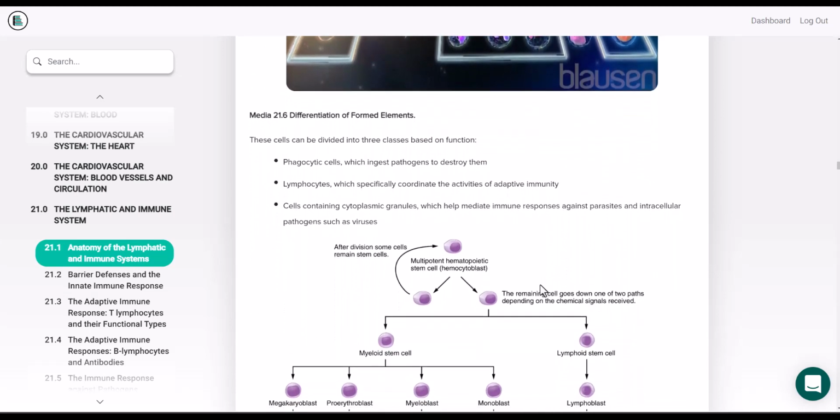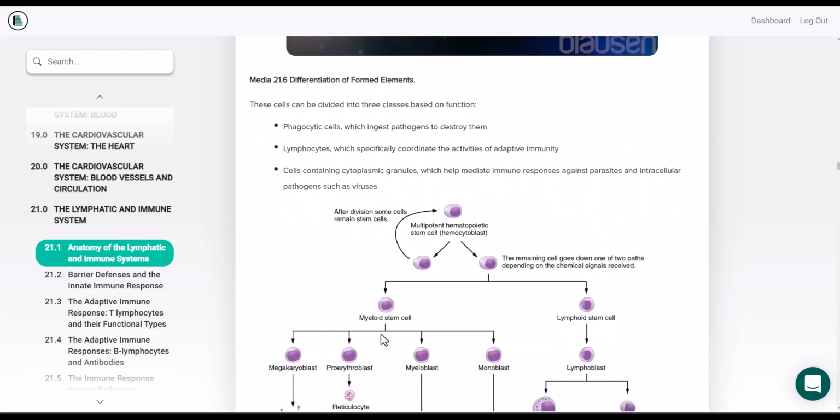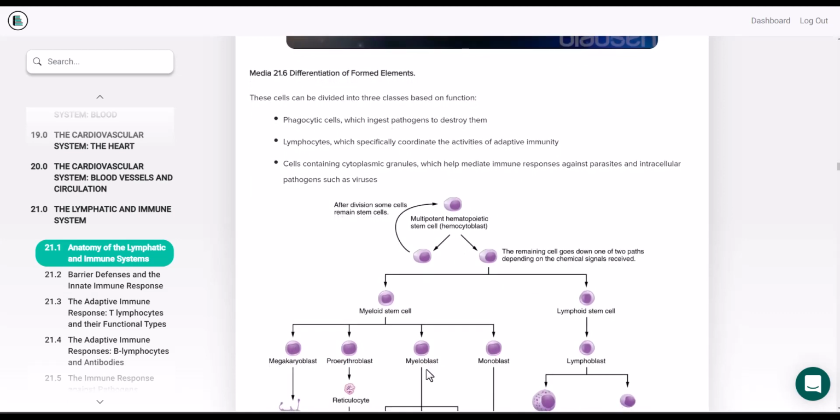So let's take a look at that. There's a number of different cells here. Again, we're not going to go into the nitty-gritty, but there are some cells that are phagocytic, right? They can chew up and destroy. Those lymphocytes we're going to see are hugely important in activities involved with your adaptive immunity, antibodies and immune responses. And then there are other cells that literally spew out chemicals to destroy, for example, bacteria.